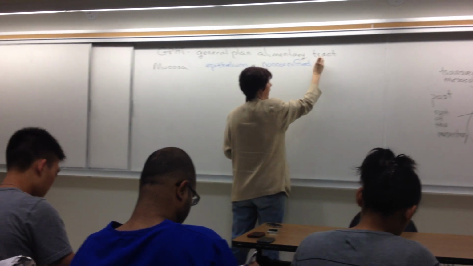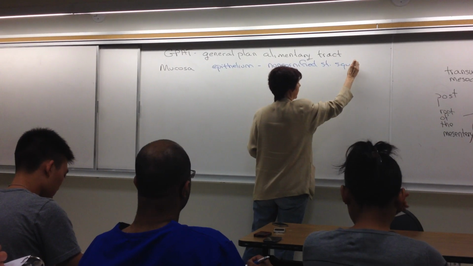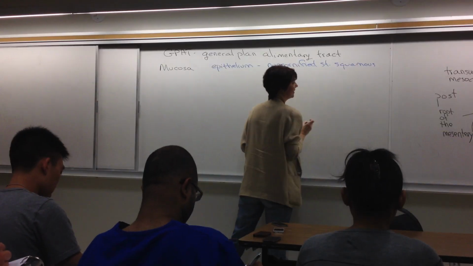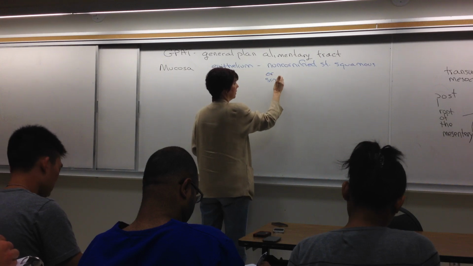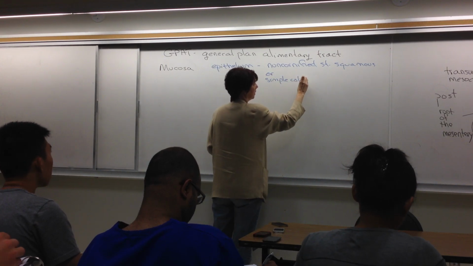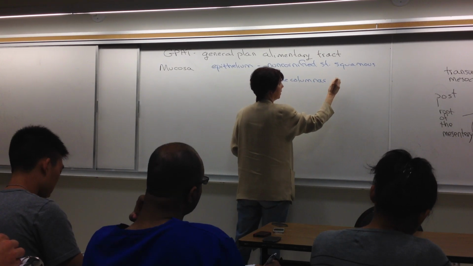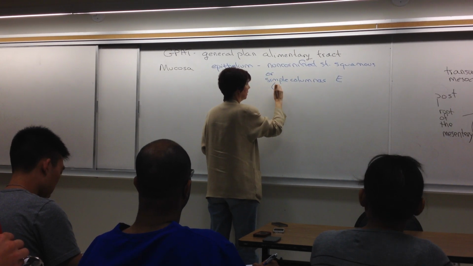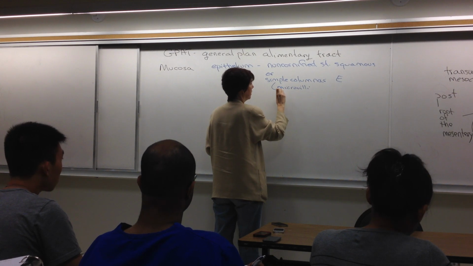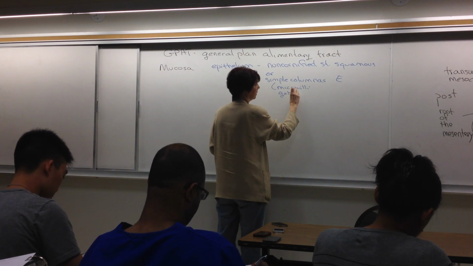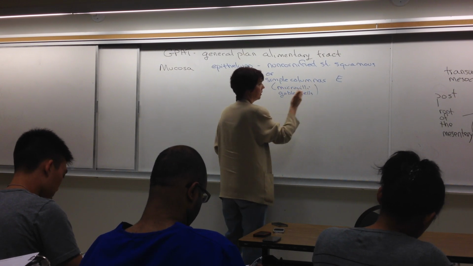Either non-cornified stratified squamous at the beginning and the end, and in between, a simple columnar epithelium with specializations of microvilli and goblet cells.